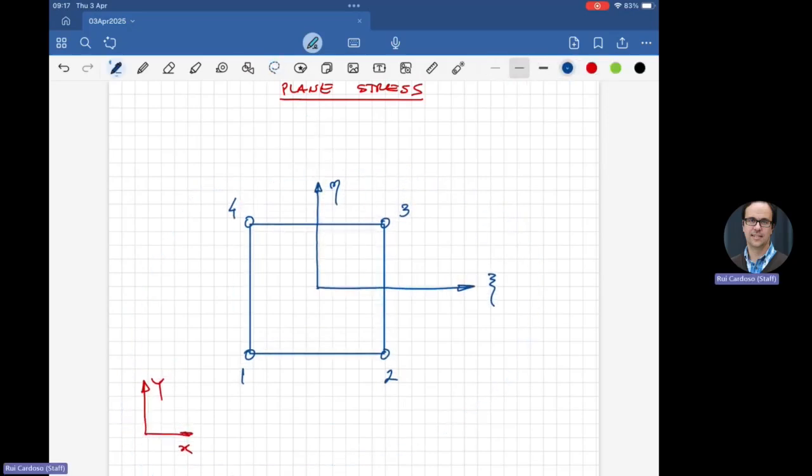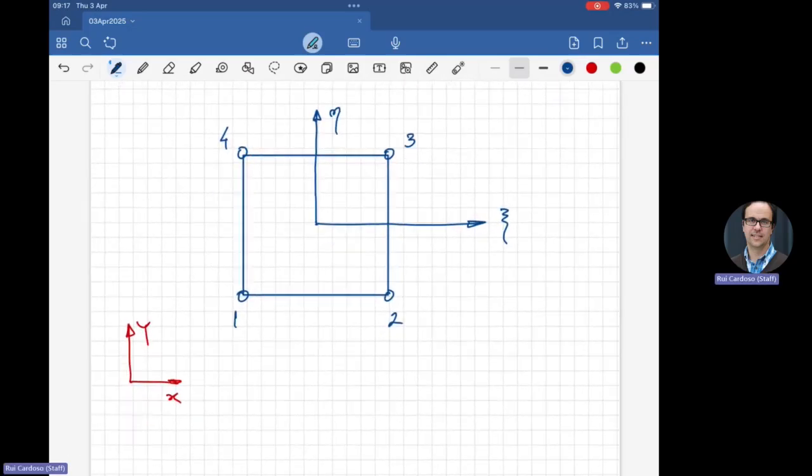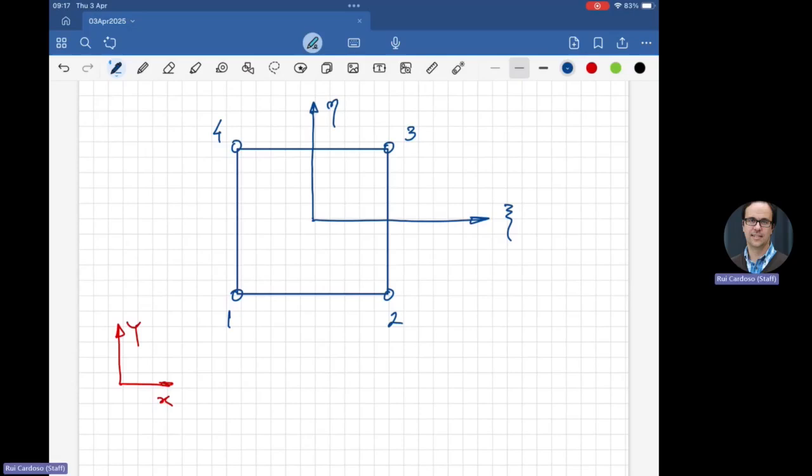In this coordinate system, xi and eta, node 1 will have coordinate xi equals minus 1, eta equals minus 1. Node 2 will have plus 1 in the xi direction, minus 1 in the eta direction. So the first term is xi, the second term is eta.